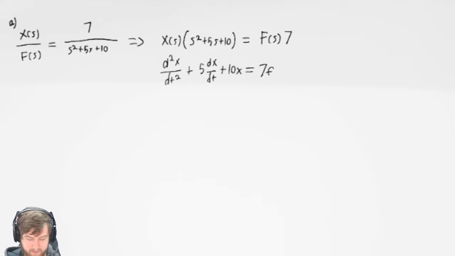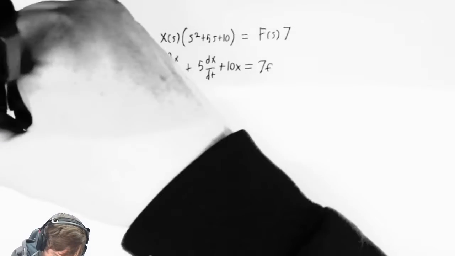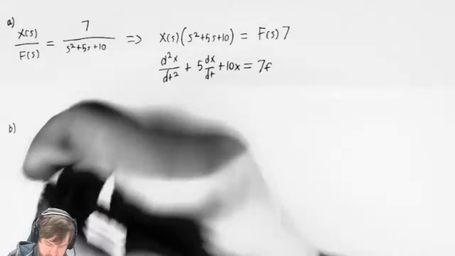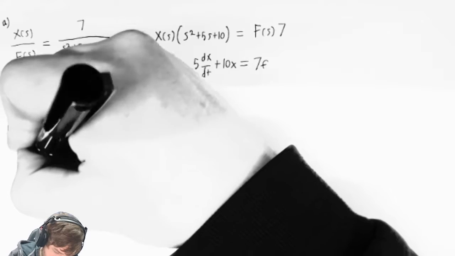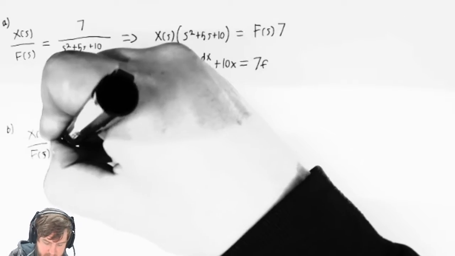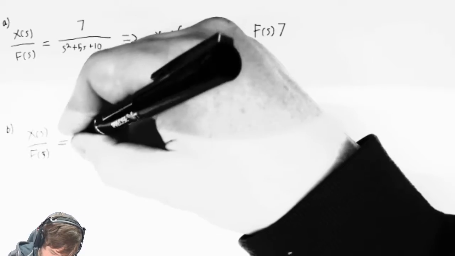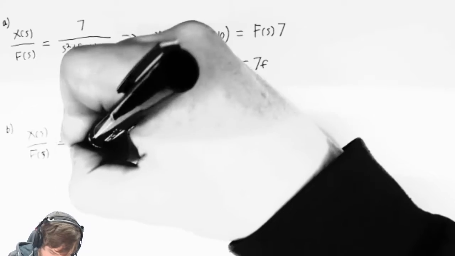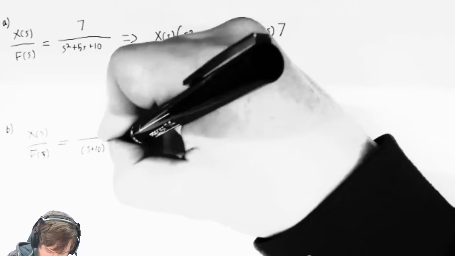So let's do that. So part B was, we had our x of s over f of s is equal to 15 over s plus 10, s plus 11.